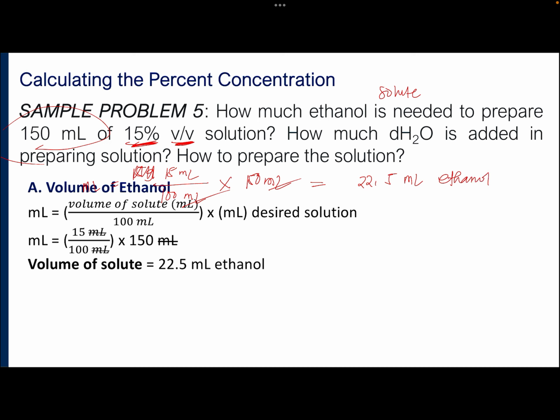So to make 15%, you need 22.5 ml of ethanol to be diluted in 150.